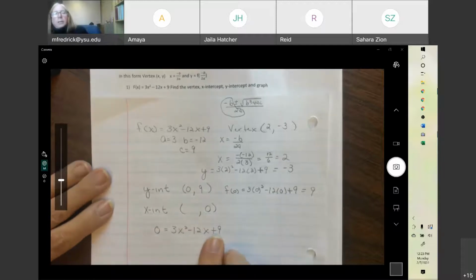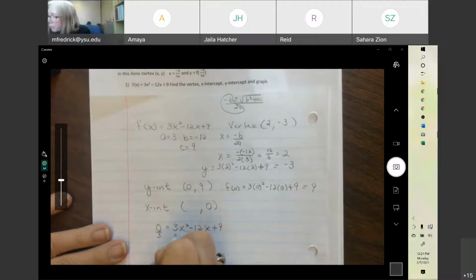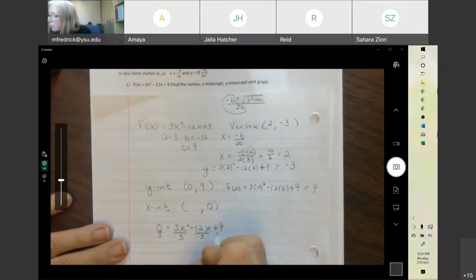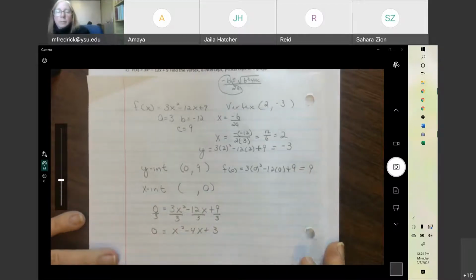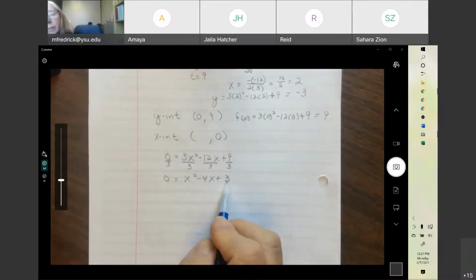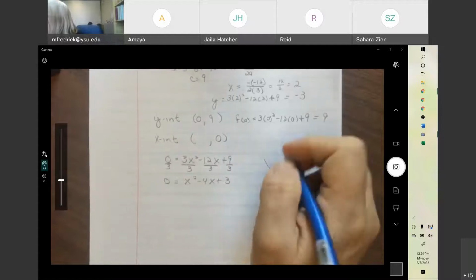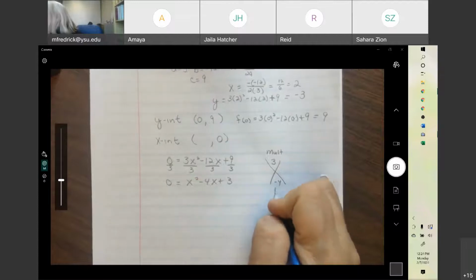Now you could use the quadratic formula, but I did notice that all of these are divisible by 3, so I could divide by 3. So then maybe I want to factor it. It'll be easier. So I need two numbers that when I multiply, I get 3, that when I add, I get a negative 4.